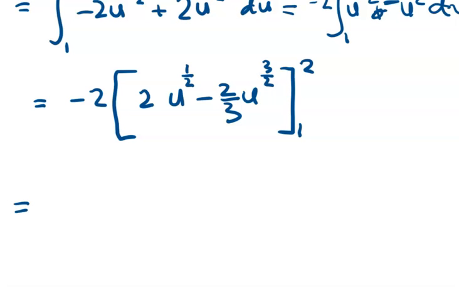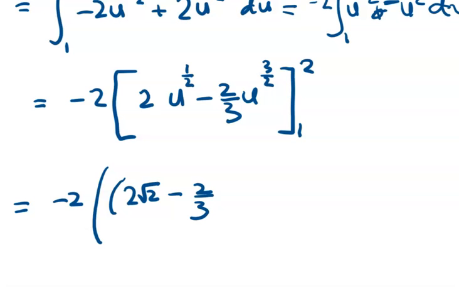We're going to have negative 2 times, in first bracket, 2 root 2 minus 2/3. Now u to the power of 3 over 2 is going to be, I'm going to write that as root 8 for now. Okay, we'll come back and clean this all up. Minus 2 times 1 minus 2/3 times 1.